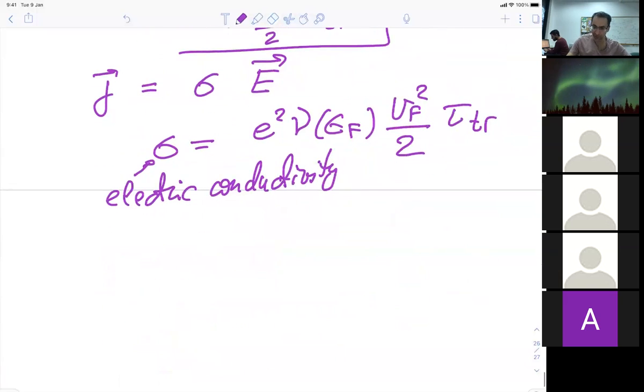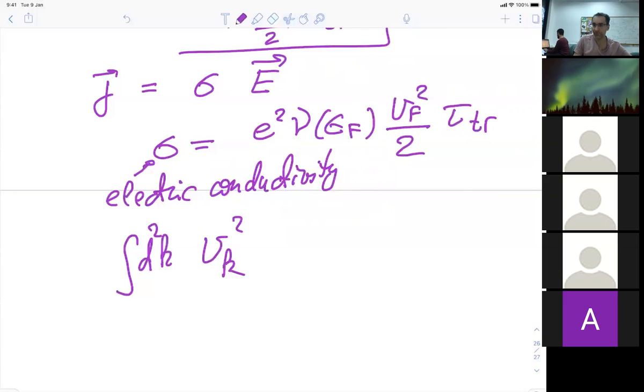Now a remark about V Fermi versus Vk. So we have an integral with respect to k of something that was called Vk squared times df0 over d epsilon k.